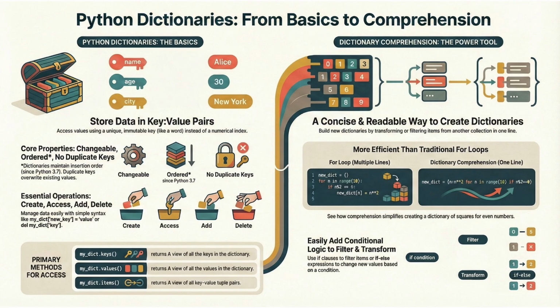Common access methods include keys() for all the keys, values() for all values, items() for key value pairs. Dictionary comprehension is a powerful and concise way to create dictionaries. Comprehensions allow us to build new dictionaries in one line, making code shorter and more readable compared to traditional for loops. They also support conditional logic, if for filtering items and if-else for transforming values.